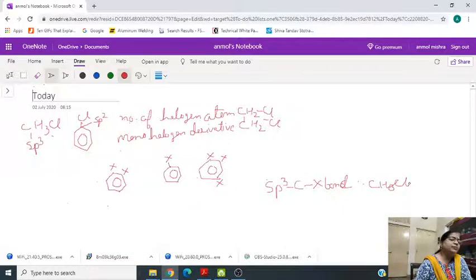Now here it can be further classified into three: primary alkyl halide, secondary alkyl halide and tertiary alkyl halide.